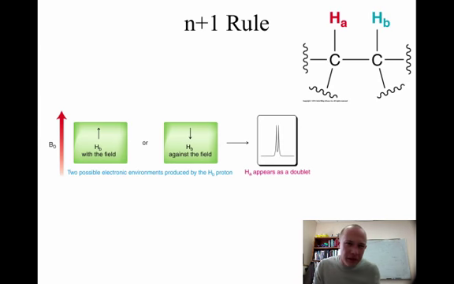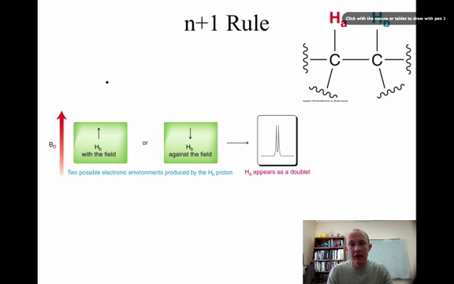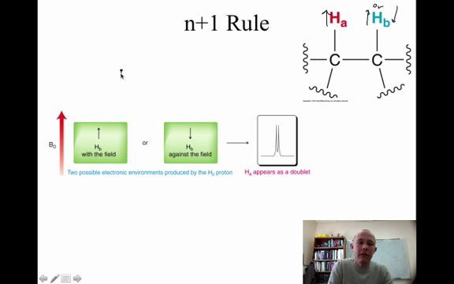Okay, so let's briefly talk about why we get a particular splitting pattern. If we look at this HA, it has 1 hydrogen next door, right? Remember we said for each hydrogen you can have an alpha state, which is aligned with the magnetic field, or we can have a beta state. So if we assume the HA is an alpha state, we have 2 possibilities.